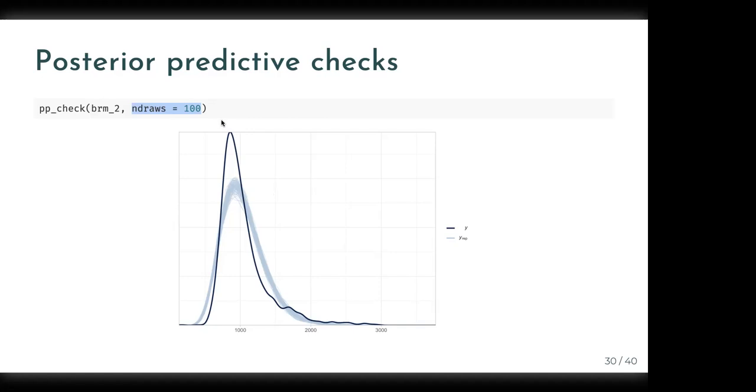So this is quite okay, but you can see that the model has sort of overestimated the probability of these reaction time values here, because the probability of the original data here is lower, while the model is predicting a slightly higher probability, and vice versa around 1,000. The model is predicting a lower probability for those values than what the actual data is.